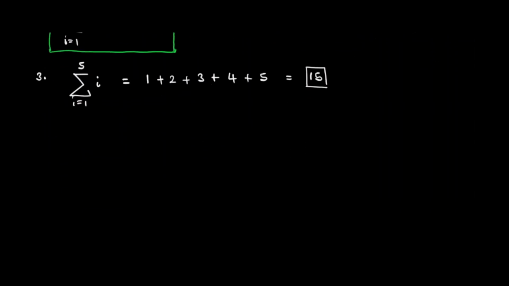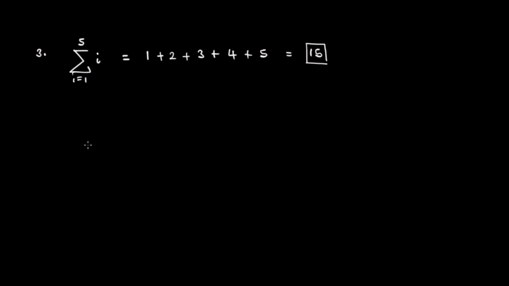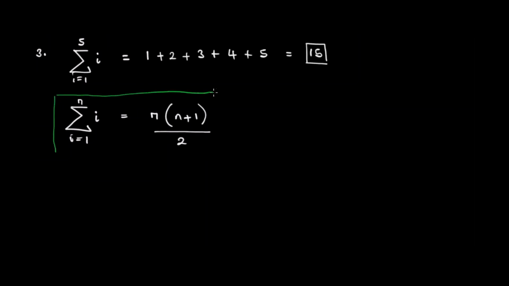So there is a relation we should understand here, and the relation says, if we are taking the sum from a lower bound of 1 up to n of i, this is going to be equal to n, bracket n plus 1, over 2, like that. And we are going to discuss this a little. I do not know whether it is in the formula booklet, but I doubt it. So this is something you should commit to memory.